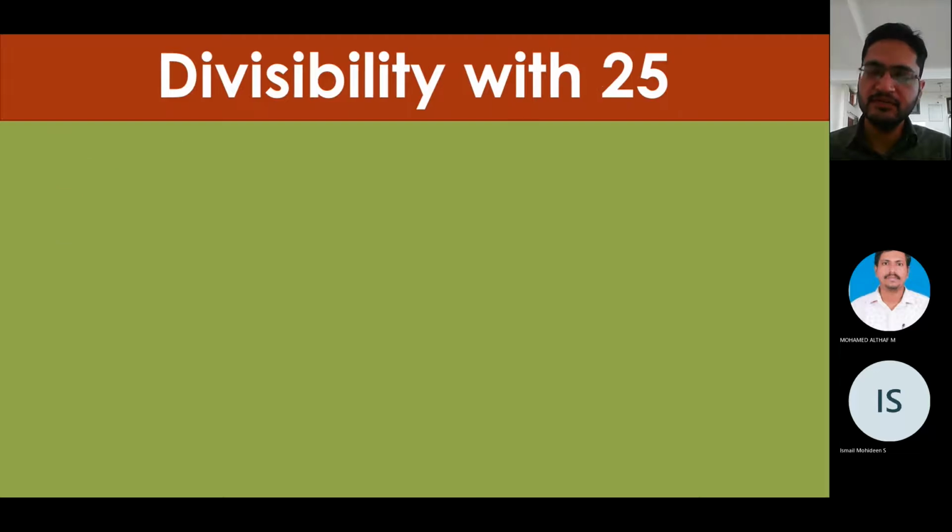Now next we have divisibility with 25. This 25 can be written as 100 over 4.